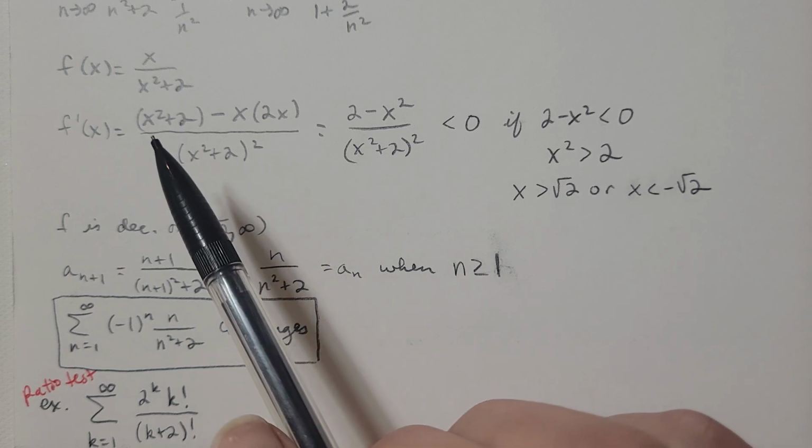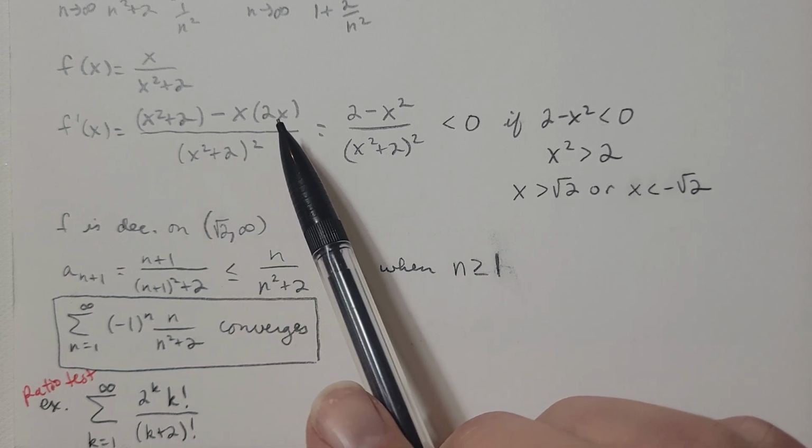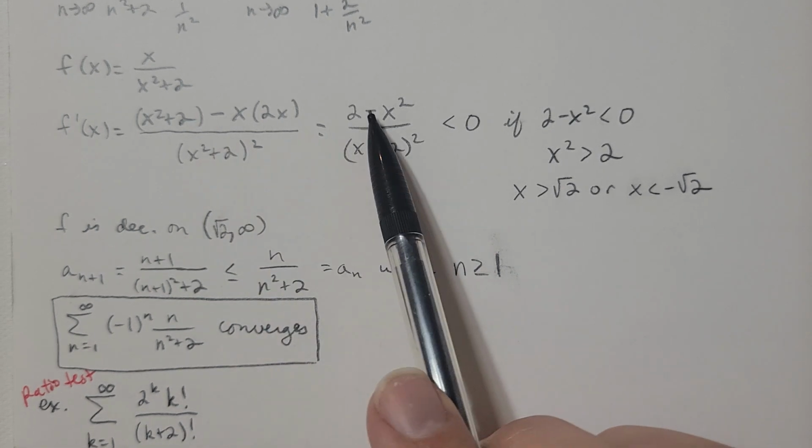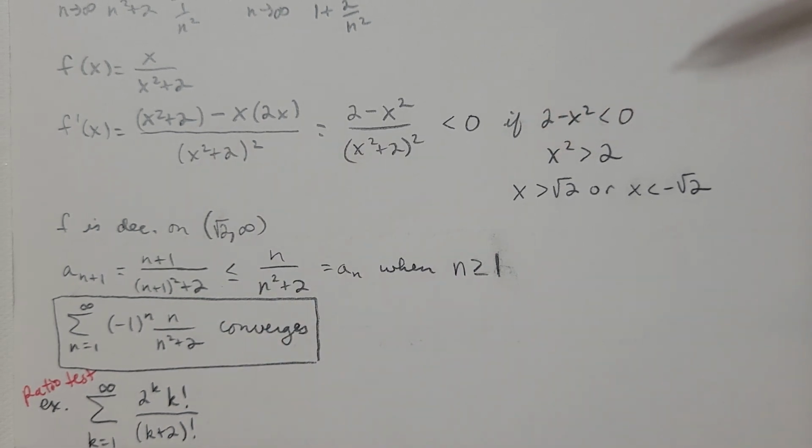Okay, x squared minus 2x squared is minus x squared. So I'm looking at 2 minus x squared up top, divided by x squared plus 2 squared down under.